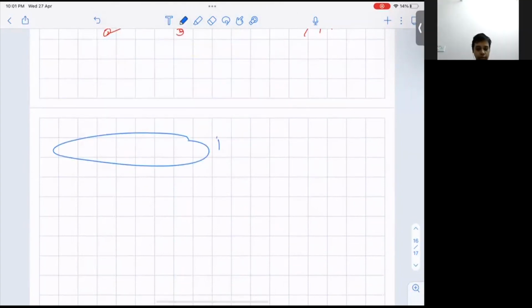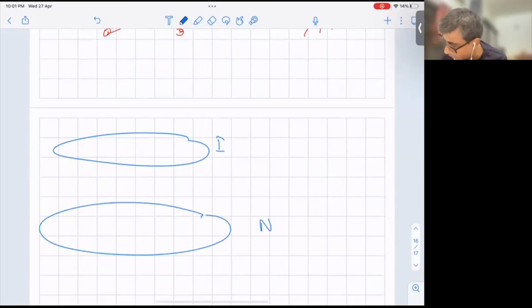Suppose we have I, and this is N of I+1. Like N of I is exactly equal to I+1.